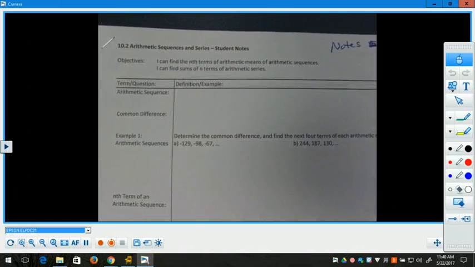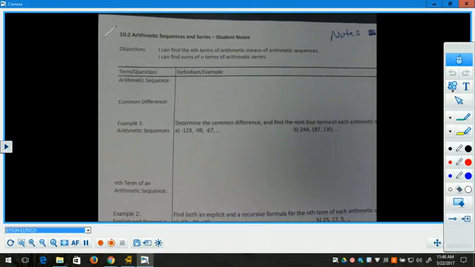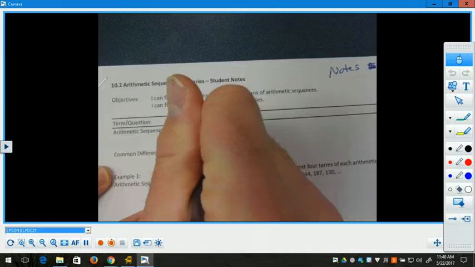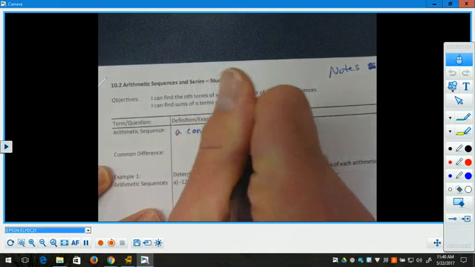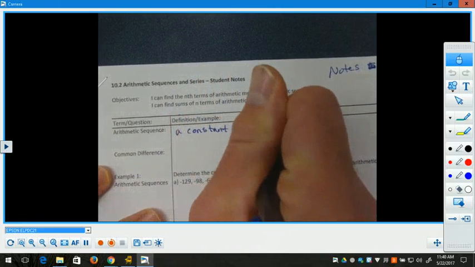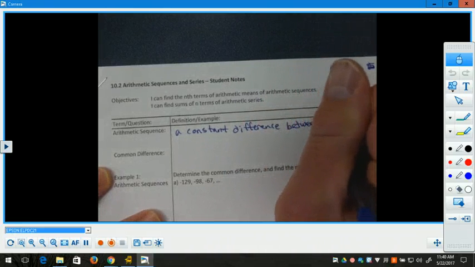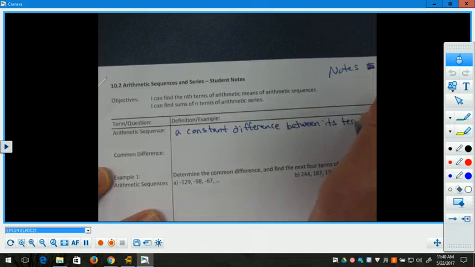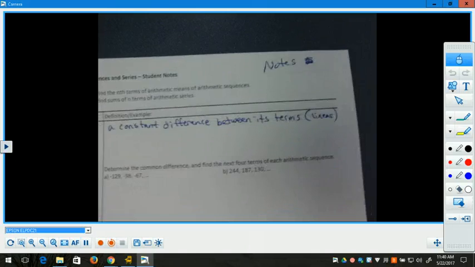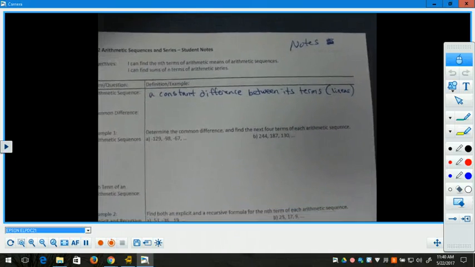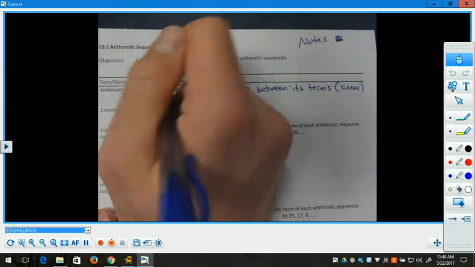And by arithmetic, we mean linear. So an arithmetic sequence, like a linear function, has a constant difference between its terms. And we should probably articulate that a little further by saying a first constant difference between its terms.